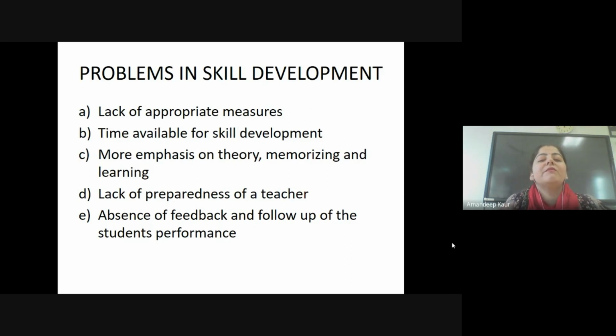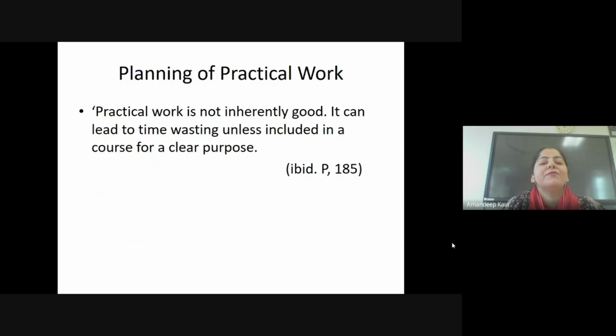So we need to design policies at the departmental level on how we can continuously assess the performance of the student as far as their skill development is concerned. Somewhere we need to revamp our planning, organizing and evaluation of the skill development of students.